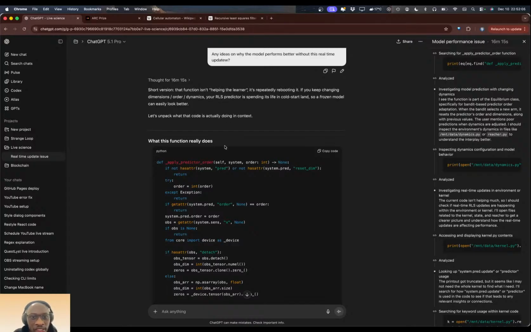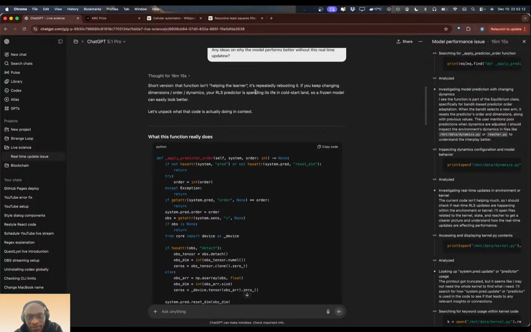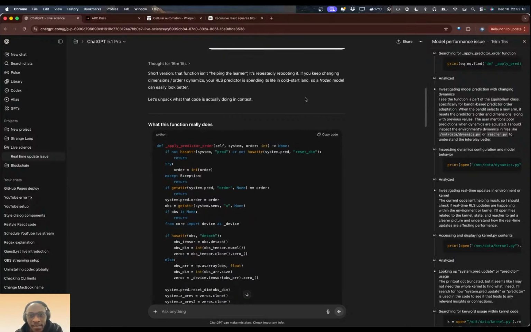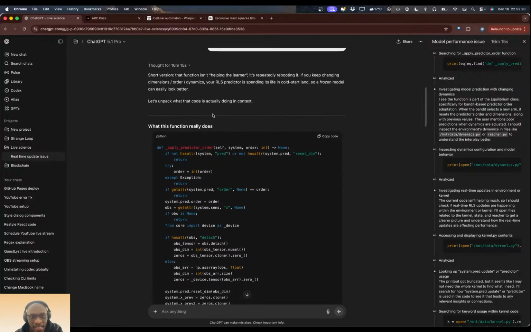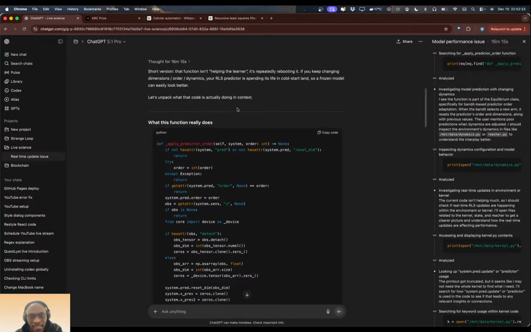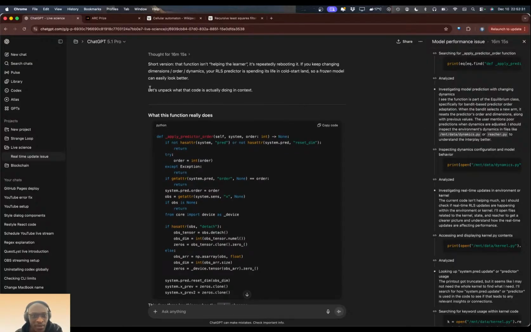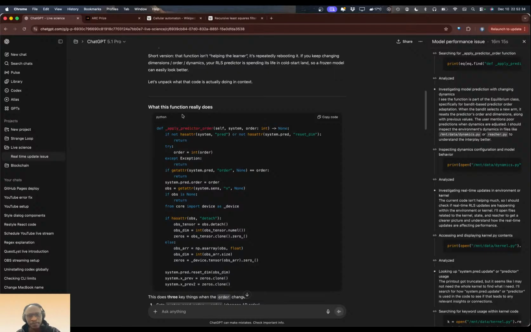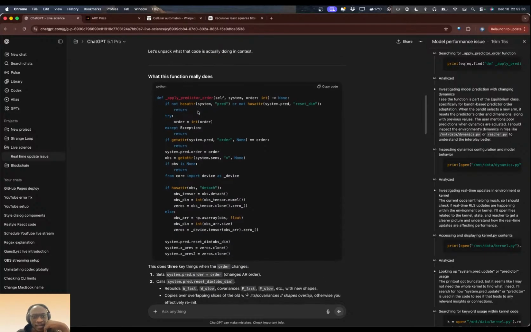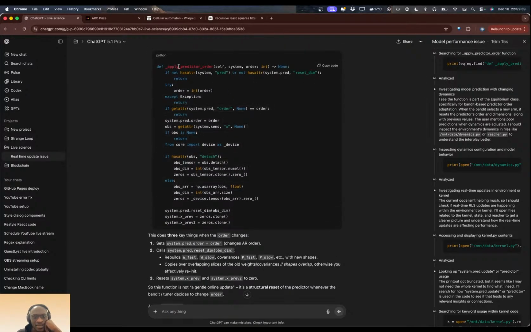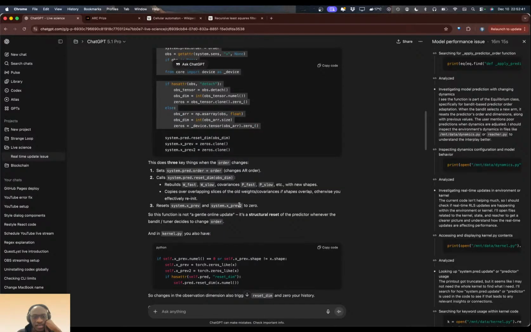So short answer, the function isn't helping the learner. Okay. Should we accept this answer? I don't know. It's repeatedly rebooting it. If you keep changing dimensions or the dynamics, your RLS predictor is spending its life in cold start land. I don't know what that means. So a frozen model can easily look better. Let's unpack. So it goes on to create the function.